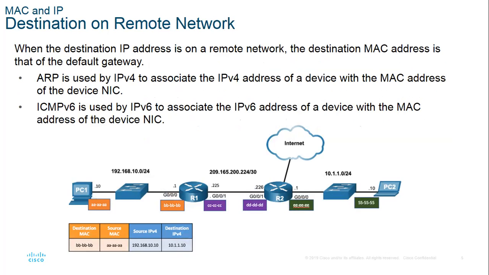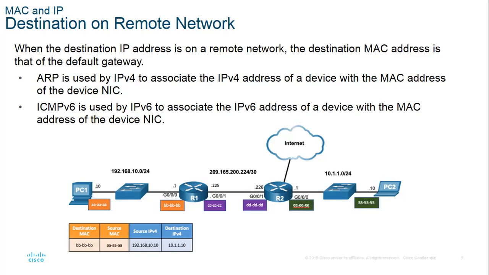LAN. So if the remote destination is outside the LAN, which means it's connected to another LAN where the two LANs are interconnected by a WAN network, where here in the example we have a WAN network between R1 and R2, which is a point-to-point link.